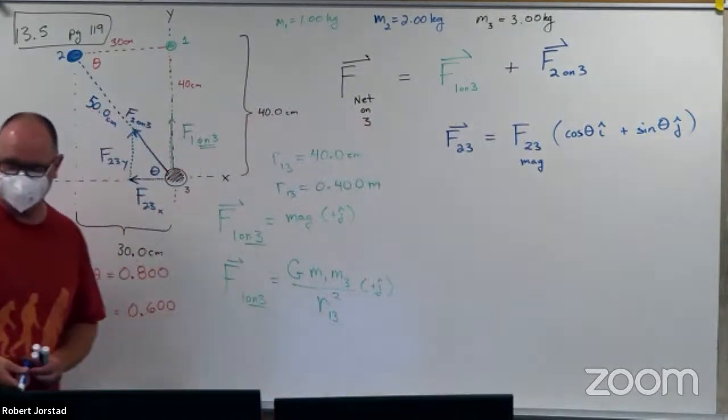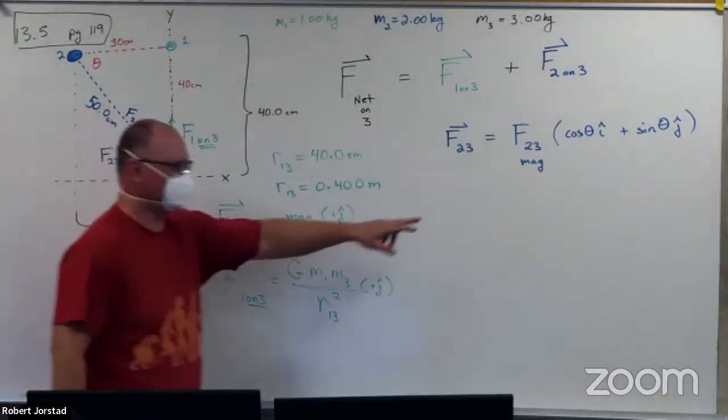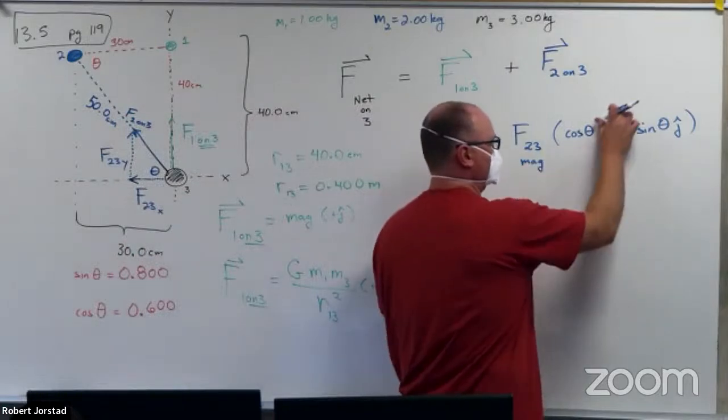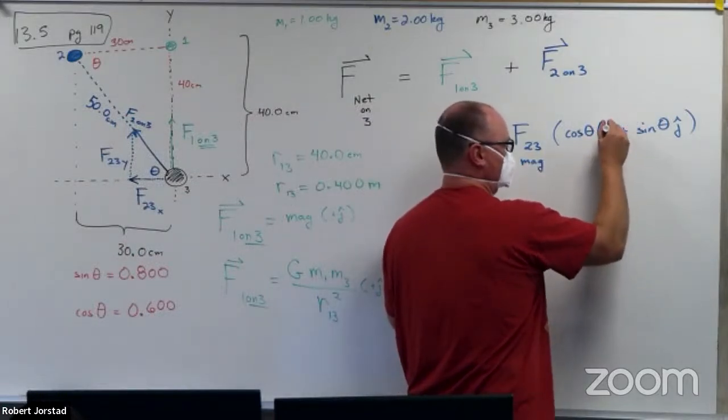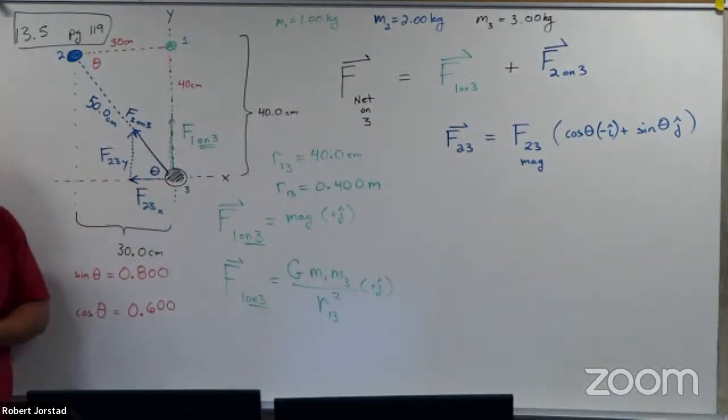Is that right? Something's wrong there. What did I screw up? It's close. It's in the negative i hat. Do you see it? This would be almost correct, but it's cosine theta in the negative i hat for this problem, to the left. You know what I'm saying?